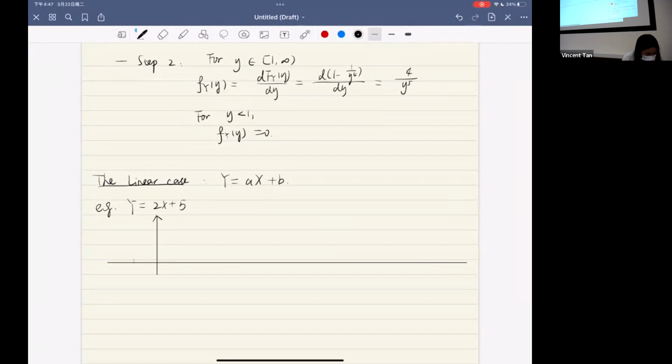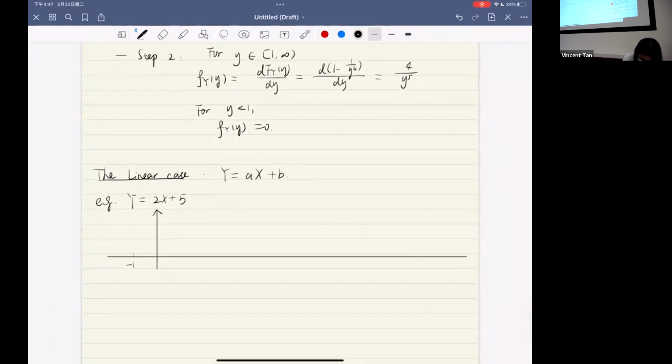For example, first we plot the figure of fx, that is the PDF of x. We say that this is the PDF of x. And then the PDF of 2x is as follows.